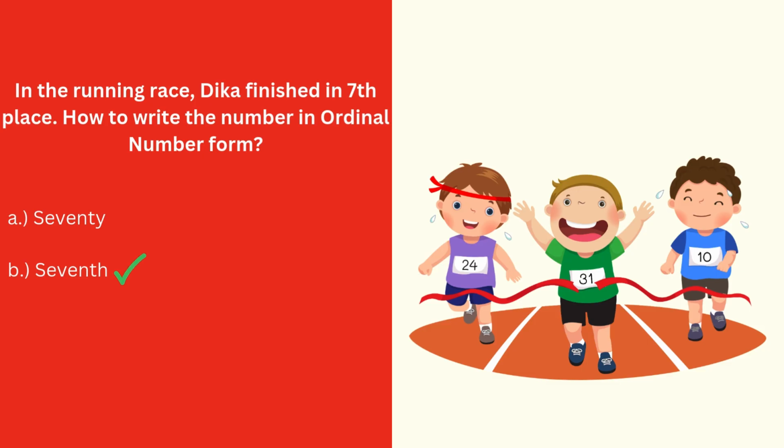Yes, the correct answer is B, 7th. Why B, 7th, not 70? Because 7th shows the position in the race. And 70 is a cardinal number, not an ordinal number.